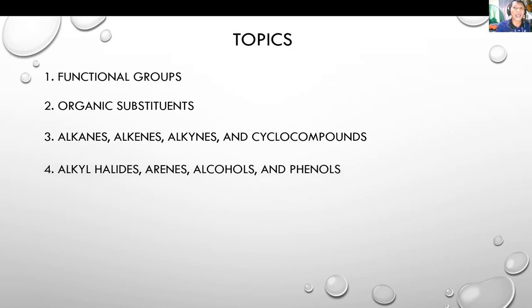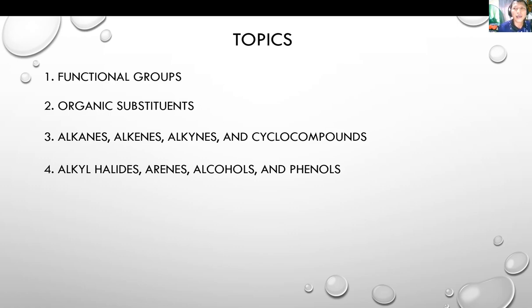We have alkyl halides, arenes, alcohols, and phenols. Generally, alkyl halides, as the name implies, are a combination of an alkyl group, a common substituent which is an organic group, dropping just the ane, so for methane that would be methyl, and the halide part.